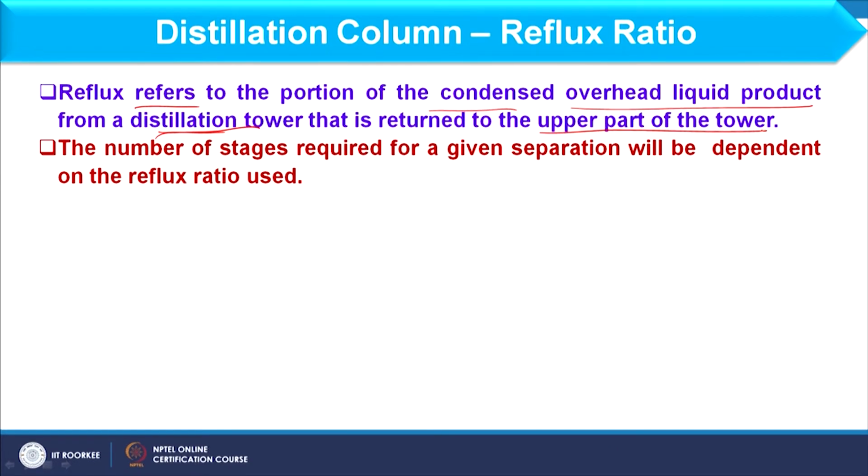The number of stages required for a given separation will depend on the reflux ratio. As the reflux ratio varies, we can consider a different number of stages in a plate column. With the binary system, which we are going to cover in this lecture, based on reflux ratio only, the number of stages can be decided in the McCabe-Thiele method.